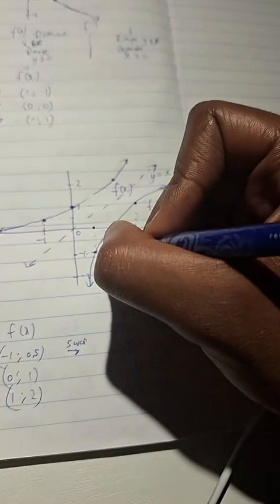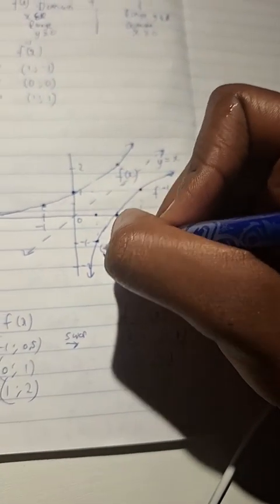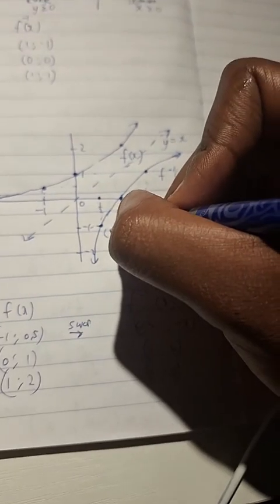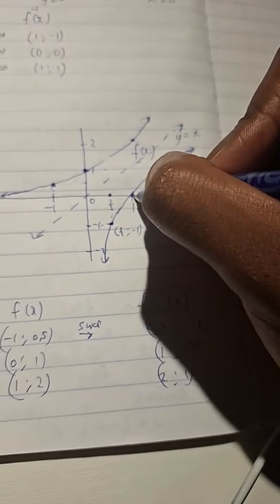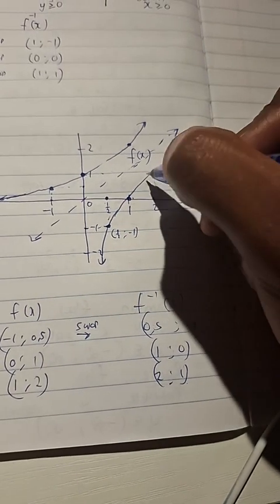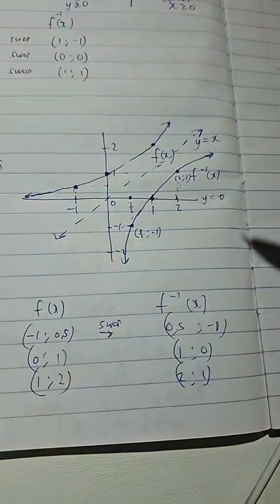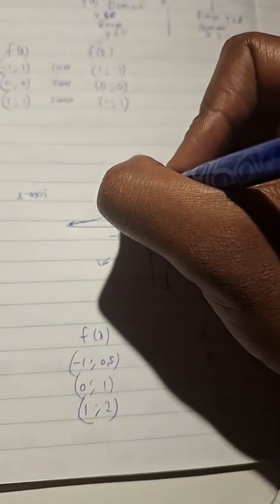And these points, guys, make sure that you have them and they are evident even to the person who's marking, that this indeed is half and -1. This is indeed 1 and 0. This is indeed 2 and 1. You see? That needs to be very clear to the person who's marking your points. The fact that this is -1 and 0.5.